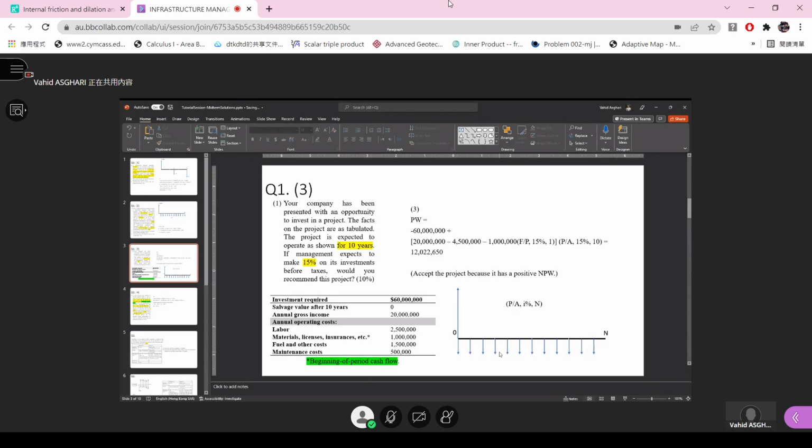We have this type of cash flow. It means that this 1 million is paid at the beginning of the cash flow. But as I said, all of these equations are based on the assumption that they are paid or received at the end of the period, not at the beginning of the period.